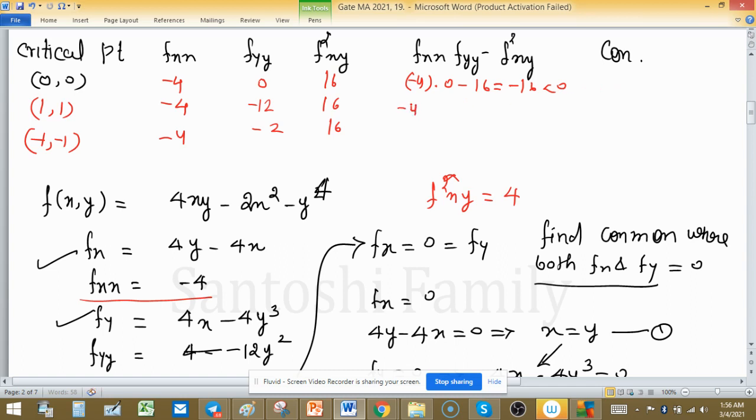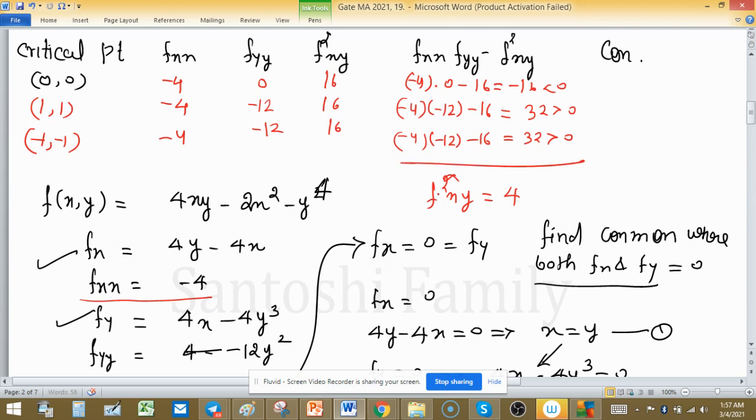At (1,1), it is minus 4 times minus 12 minus 16, that is 48 minus 16, so 32, greater than 0. At (minus 1, minus 1), it is again 32, greater than 0.